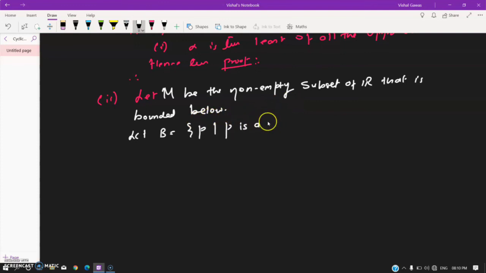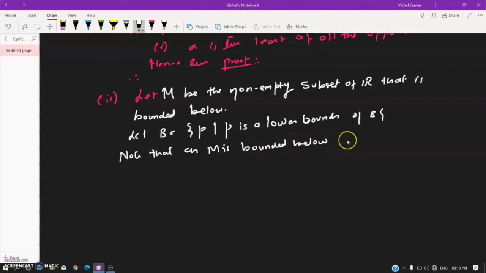P be all the lower bounds of M. Note that as M is bounded below, B is non-empty. Right. So the same argument.